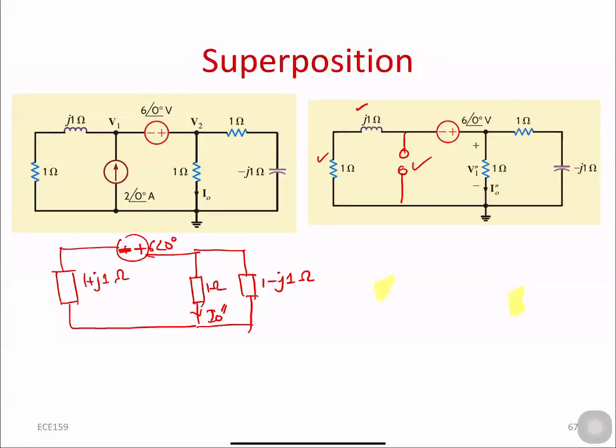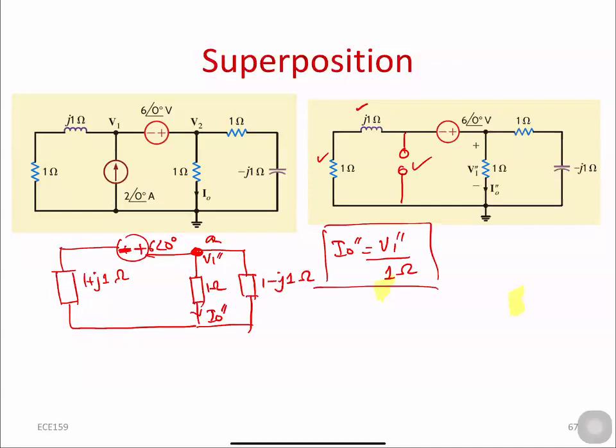We can find out the current if we know the voltage at this particular point A. In order to find out this voltage, we can simply use a voltage divider rule here and find out the voltage at point A. Let's say I name this one as V1 double prime. So I naught double prime is going to be V1 double prime divided by 1 ohm. So I need to find out V1 double prime.